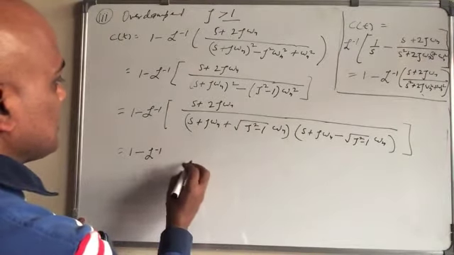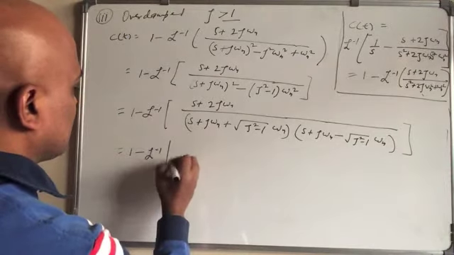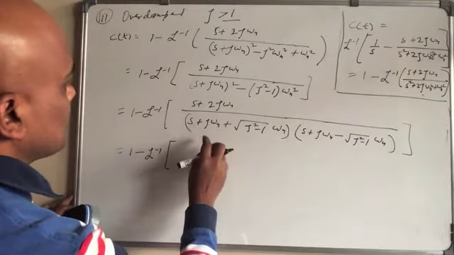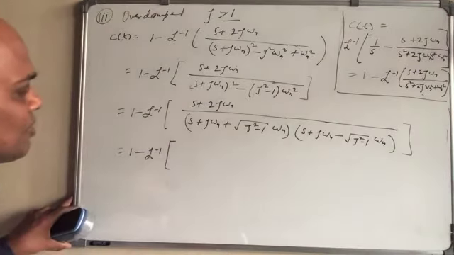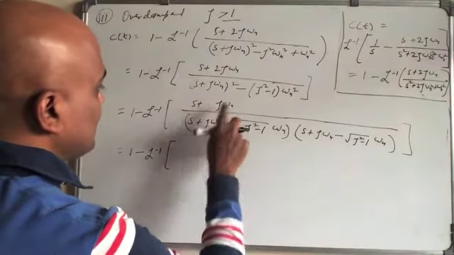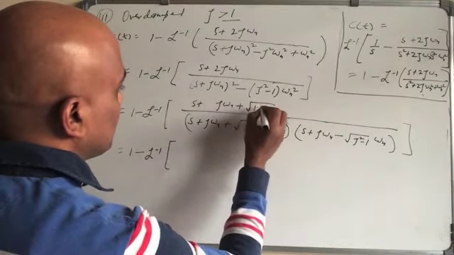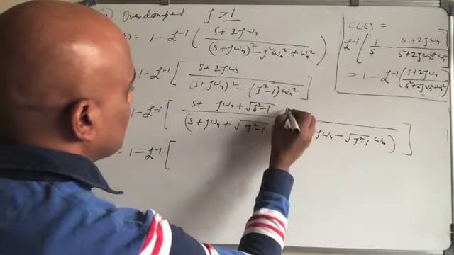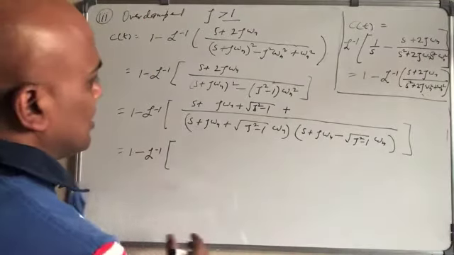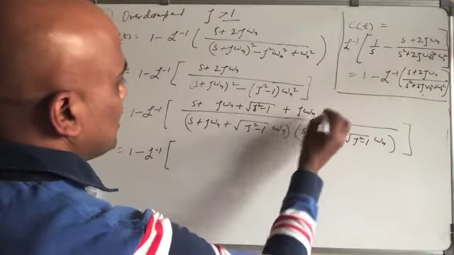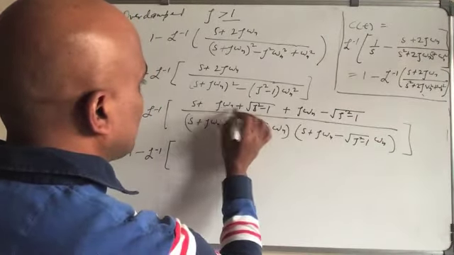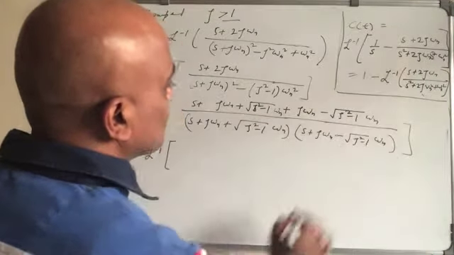and we can write this as S plus 2 zeta omega n, we can write this as zeta omega n plus root zeta square minus 1 plus zeta omega n minus root zeta square minus 1, omega n here also.